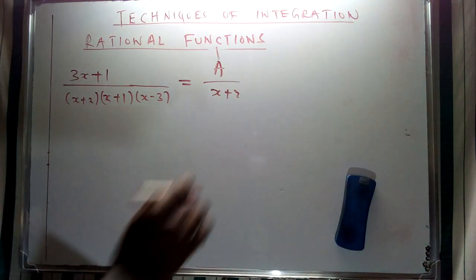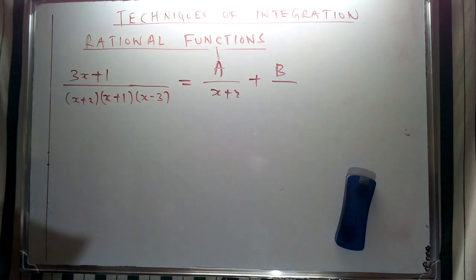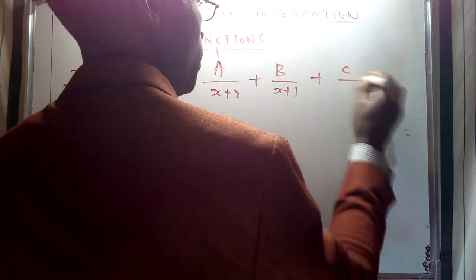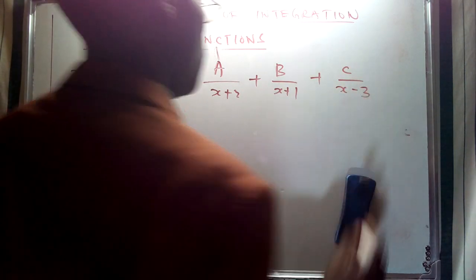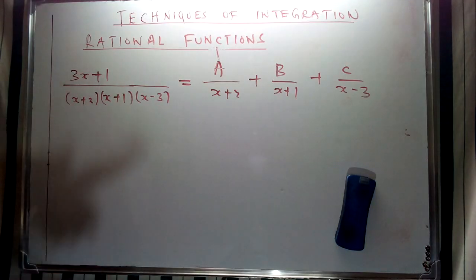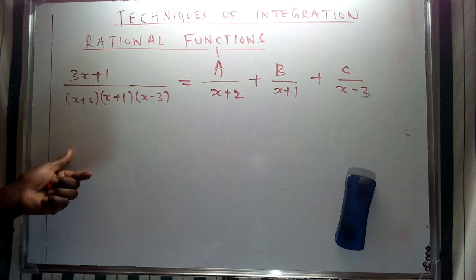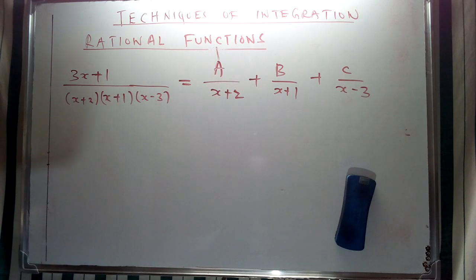And this is going to be the sum of b over x plus 1, and then c over x minus 3. So if you create this specific equation, it's going to assist us to solve and find the values of these unknowns, a, b, and c, given in that specific order.